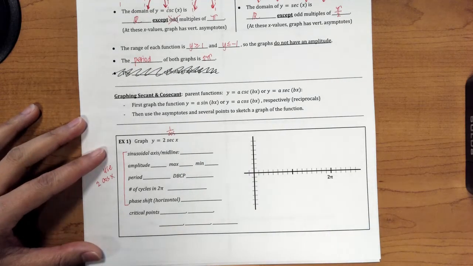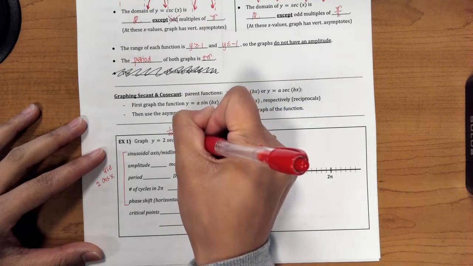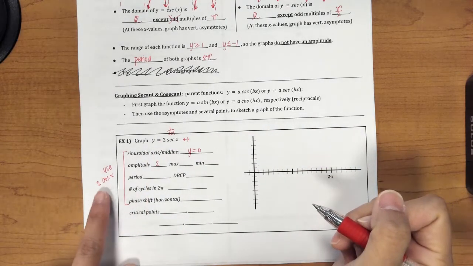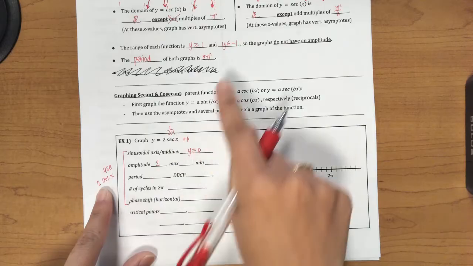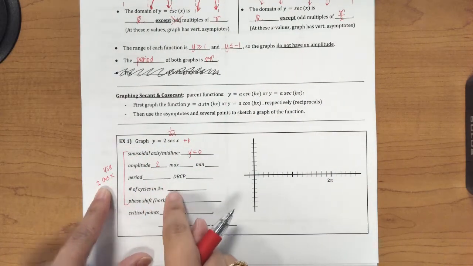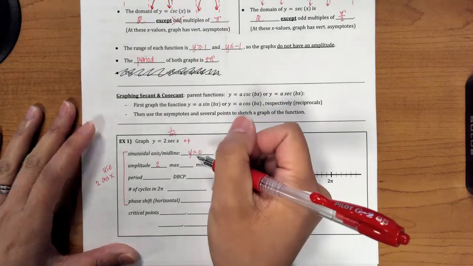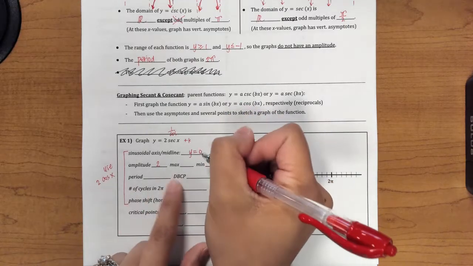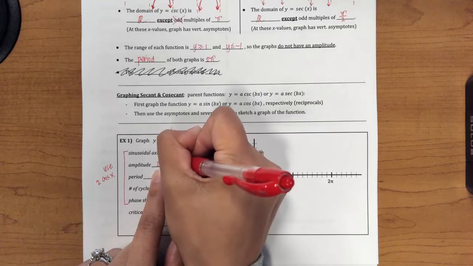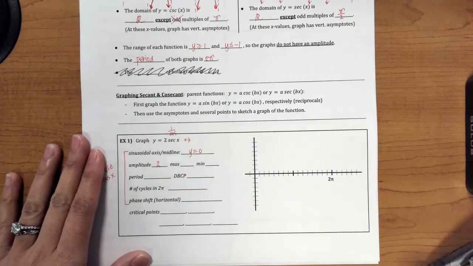So our midline is going to be y equals 0. There's no k value, right? Amplitude is 2. Now, the amplitude of cosine is 2, but here we said there's no amplitude, right? So that's why we're using cosine of x here, because the amplitude is going to help us determine where that empty space is in here. The maximum value of cosine is going to be 2 above the midline, or instead of midline, I could just call it k, right?